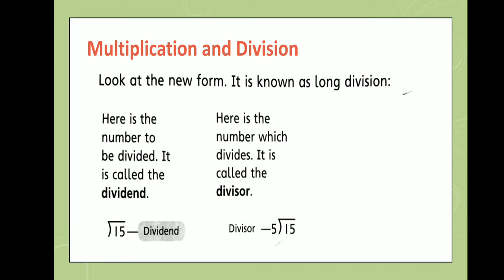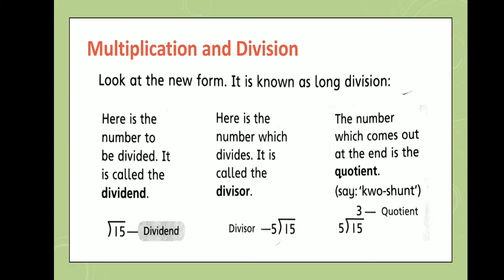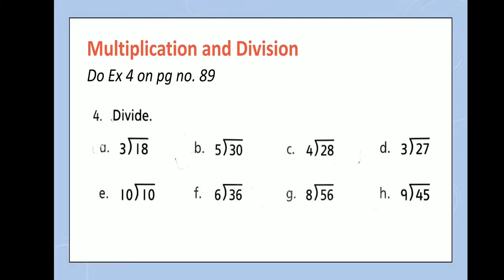The answer, the number which comes out at the end, is the quotient. It means the answer of division is written and it's called the quotient. Keep practicing your classwork and keep remembering all the parts carefully.